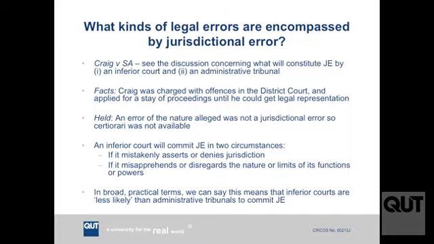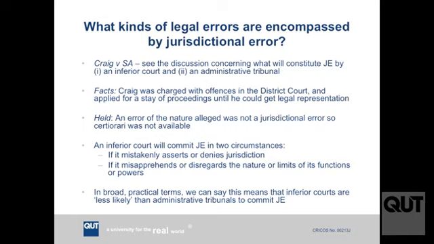The case of Craig and South Australia talks about what will constitute jurisdictional error by an inferior court and an administrative tribunal. The facts of this case are that a man named Craig was charged with offences in the district court.